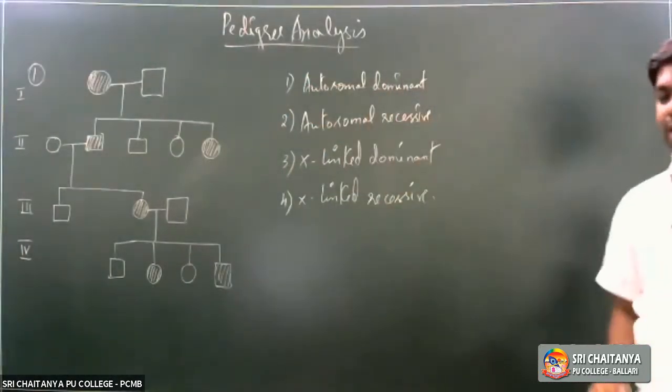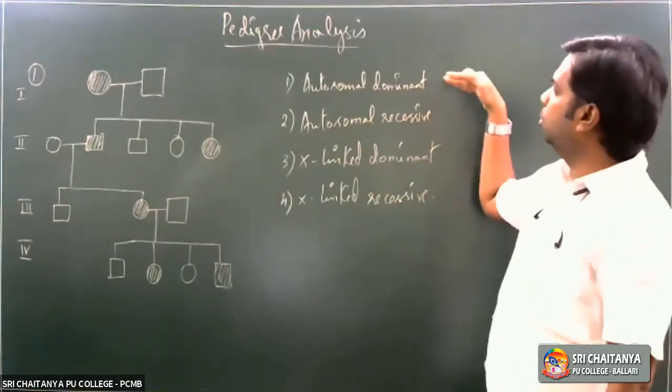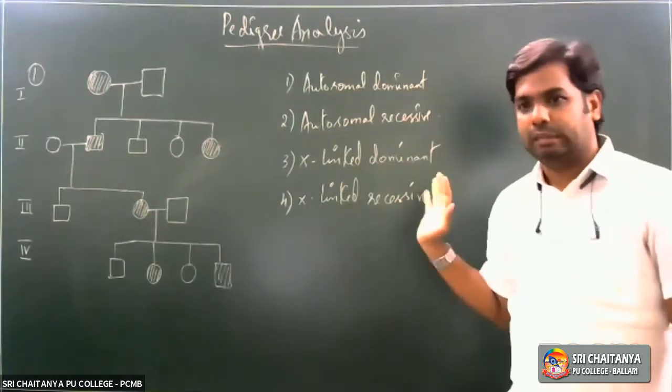So that is the chart, and these would be the options given for you: autosomal dominant, autosomal recessive, X-linked dominant, and X-linked recessive.